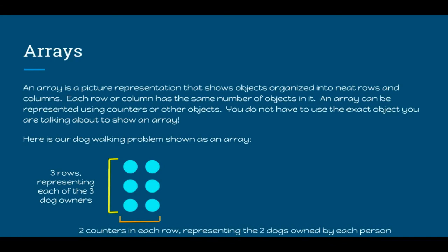There are 2 counters in each row, representing the 2 dogs owned by each person. The top row represents Mike and his 2 dogs. The middle row represents the little girl and her 2 dogs. And the bottom row represents the man and his 2 dogs. We would say there are 3 rows with 2 objects in each row.